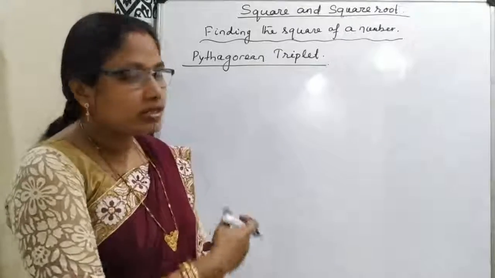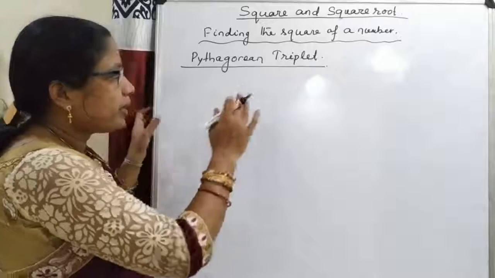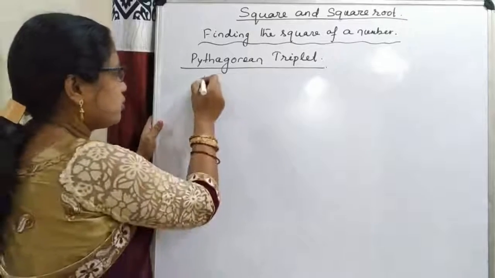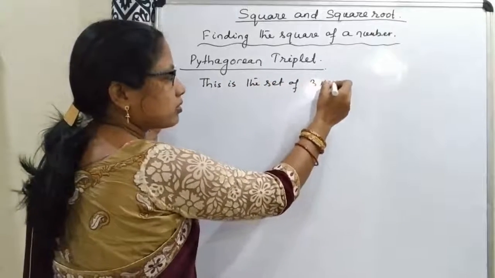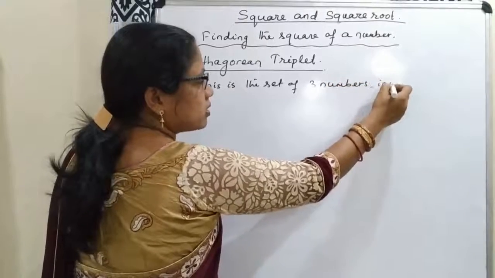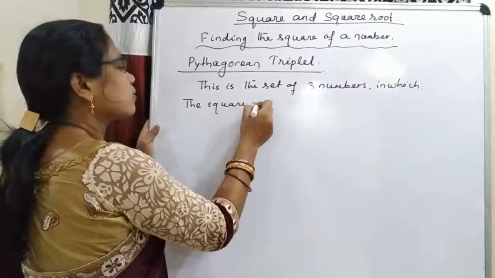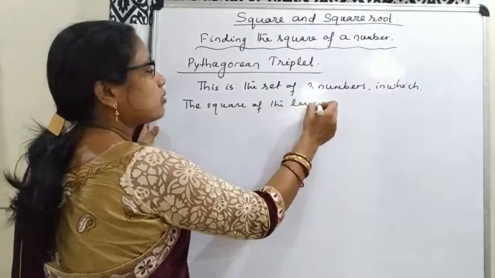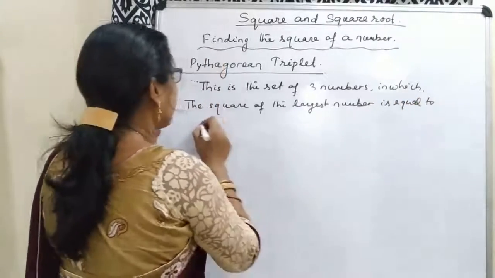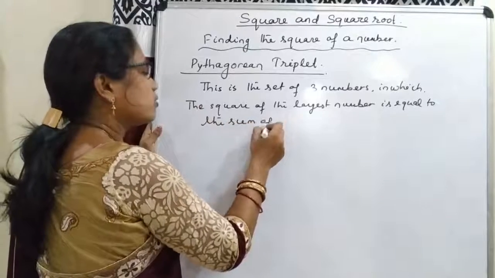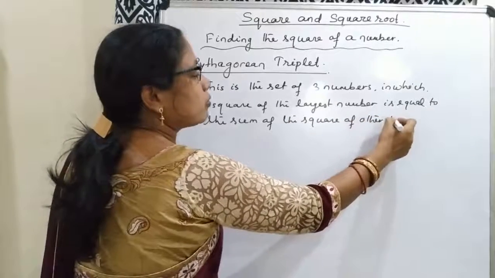Let us discuss Pythagorean triplets. Triplet, tri means 3, so a triplet is a set of 3 numbers in which the square of the largest number is equal to the sum of the squares of the other 2 numbers.